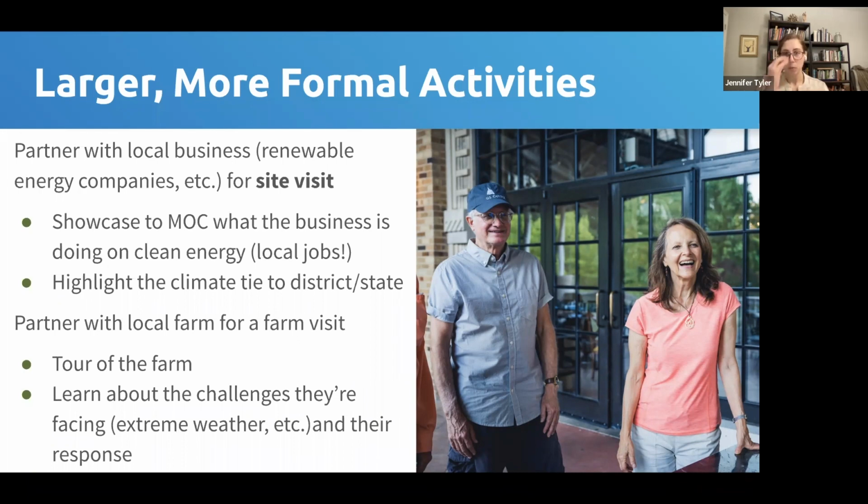Another example, which might be the most formal, time-consuming one, but could have a tremendous amount of impact, would be a community forum on local environmental or climate impacts. This one, we've got to be a little careful. You do want to be sensitive to political sensitivities on the issue. So if you're choosing the topic, you want to make sure that if it's a Republican, it's something that you think they would be open to.